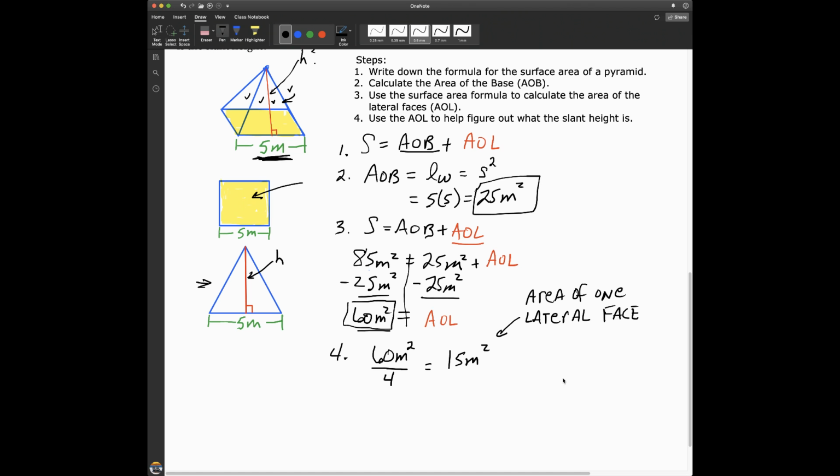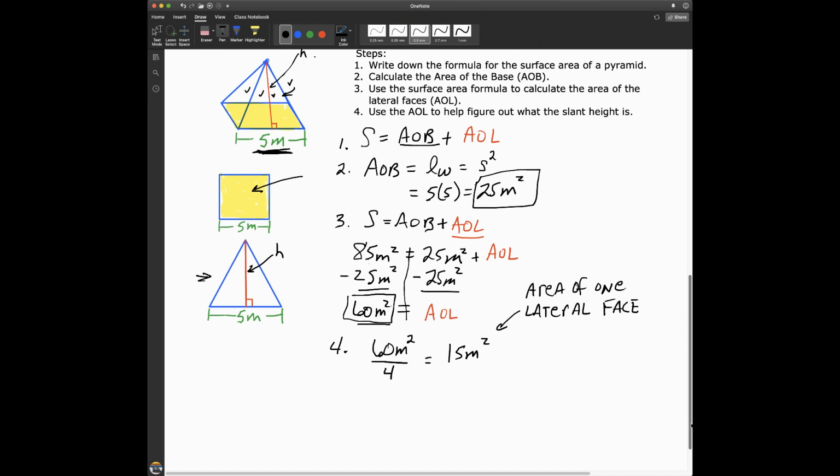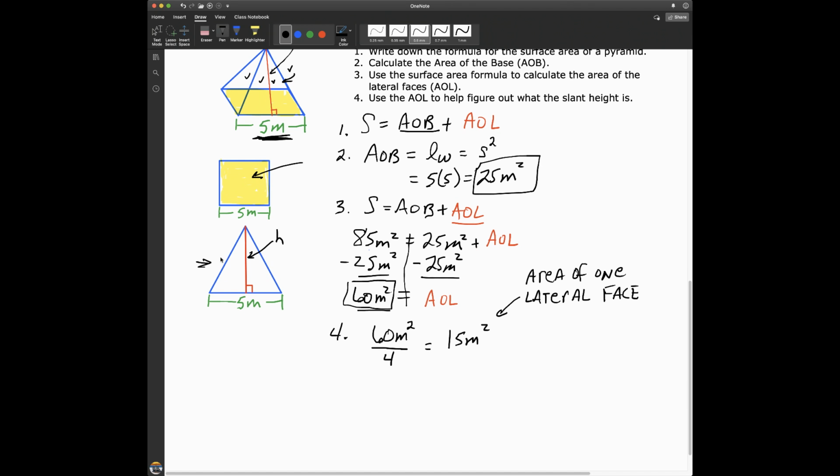All right, and so how do I find the area of one of these triangles? Well, I have to remember the formula for the area of a triangle. The area equals the base of the triangle times the height of the triangle divided by 2.